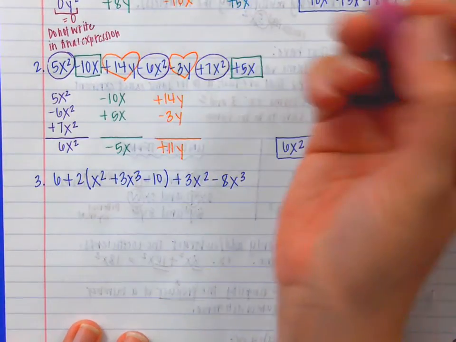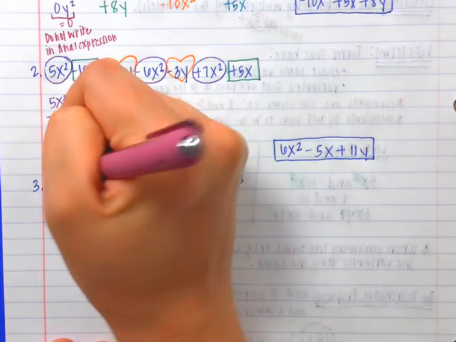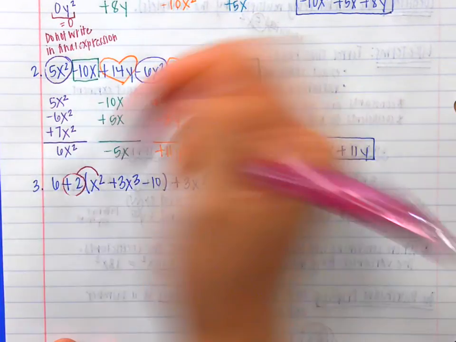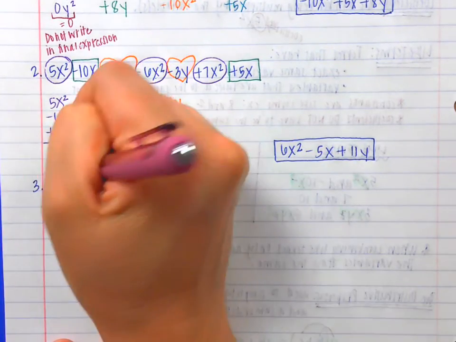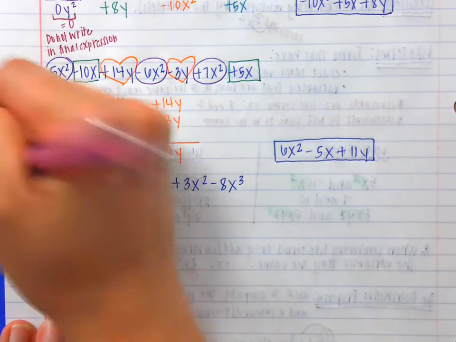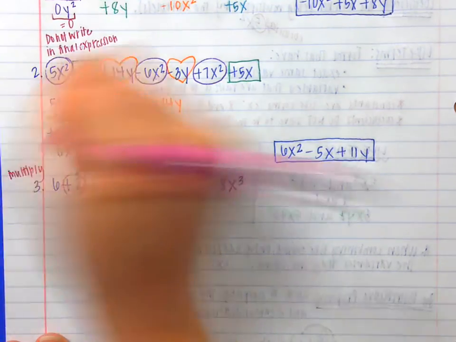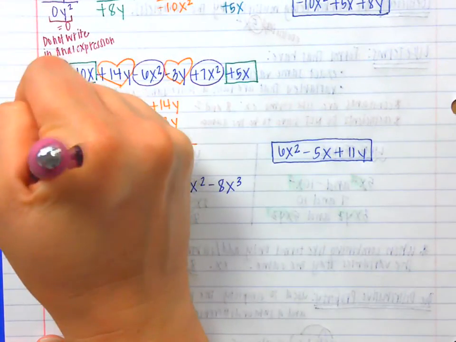The first thing you want to do is take this 2 and distribute it to everything inside the parentheses, the x squared, the 3x cubed, and the -10. So really important, we multiply or distribute before we add.